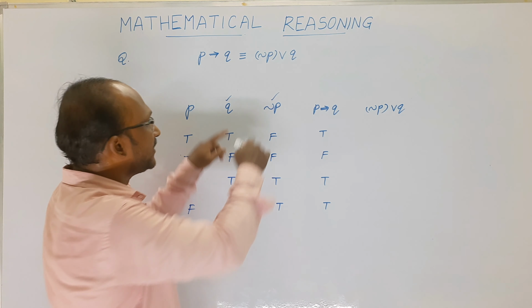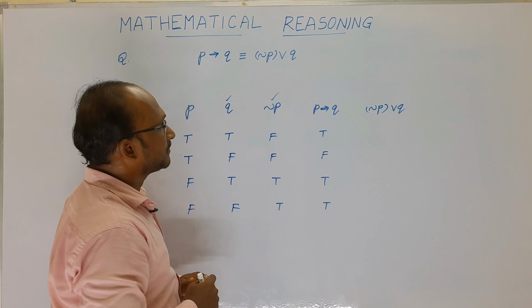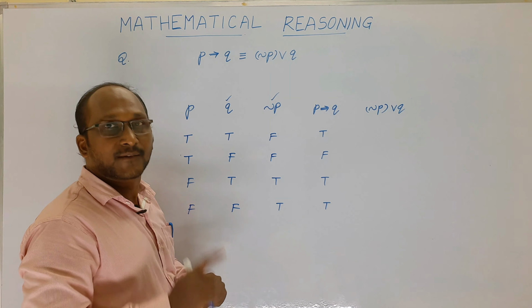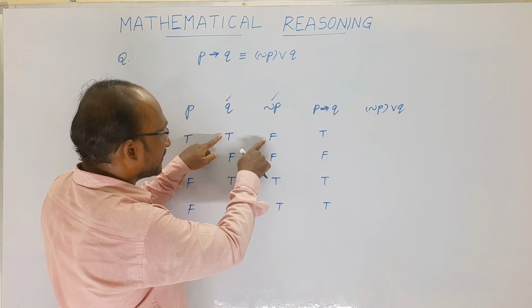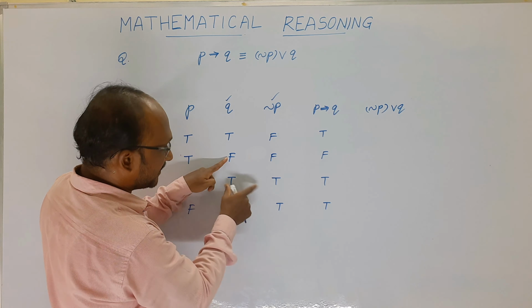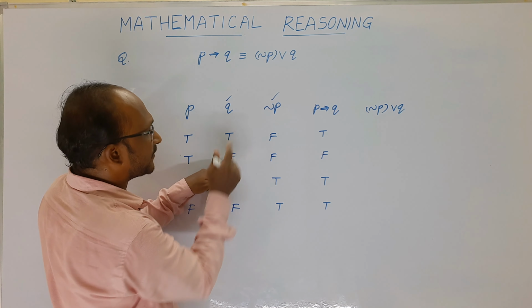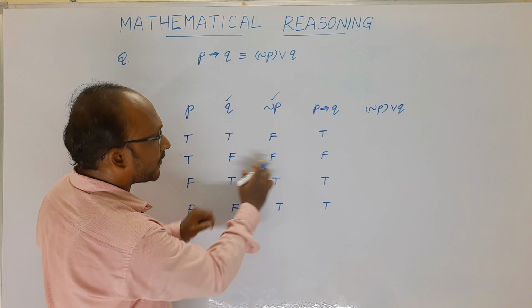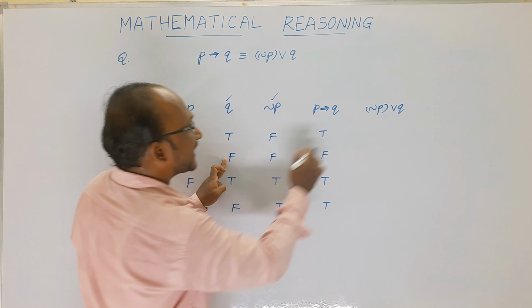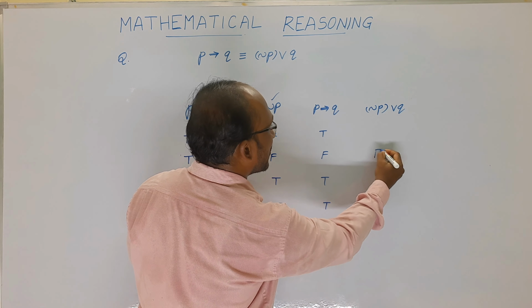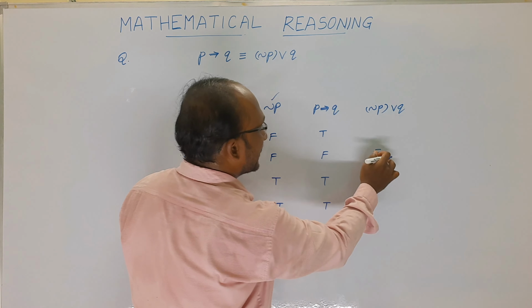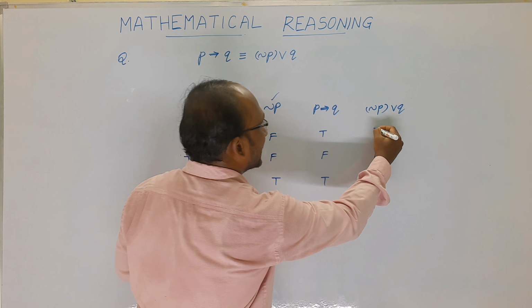That's why here from these two statements, let us search for false and false case. This is false and false case. This is not false and false case. Only this is false and false case. So in this case only the disjunction of negation P or Q is false, and the remaining all the cases it is true.